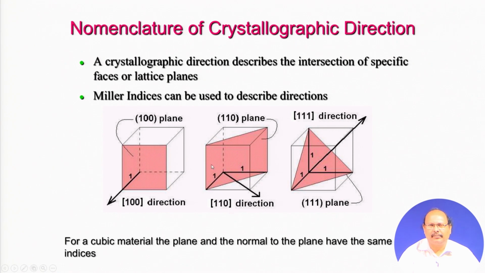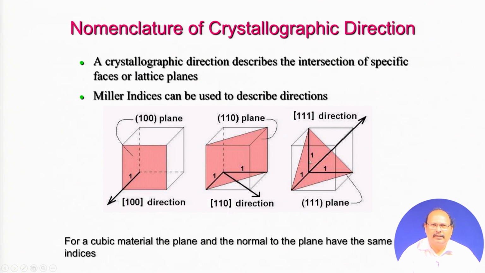If it is a cubic system, this face will have the nomenclature 1 1 0, because it is parallel to the vertical C crystallographic axis. That is why in the position of the C axis you have 0 here. So, in that situation also, the 1 1 0 direction will be perpendicular to the 1 1 0 plane.